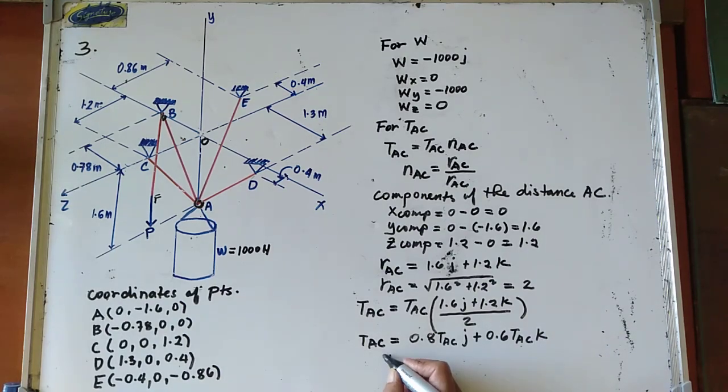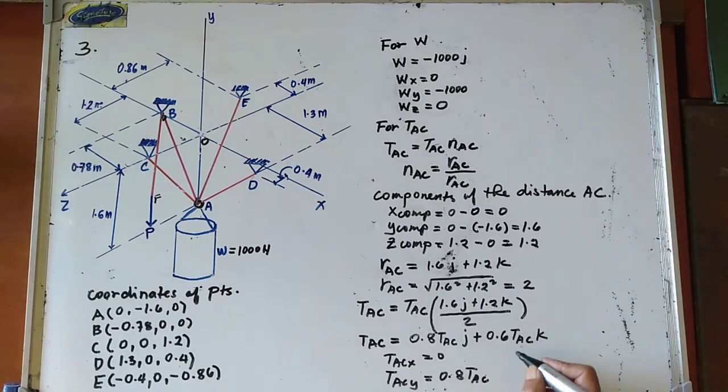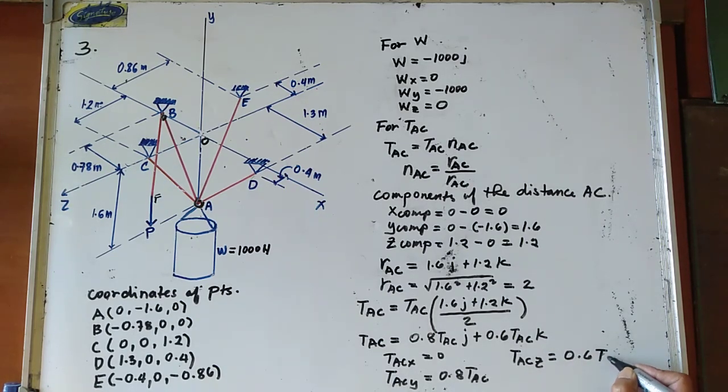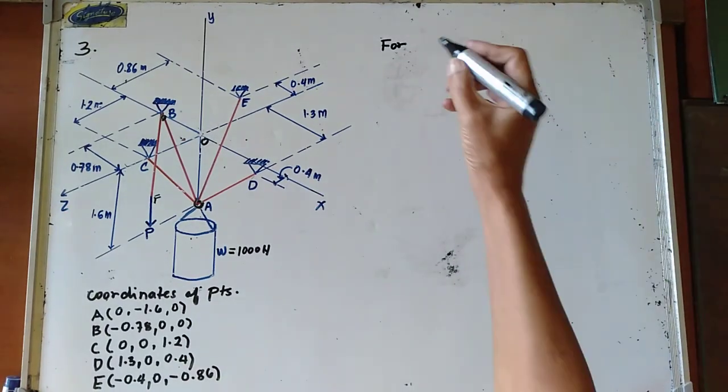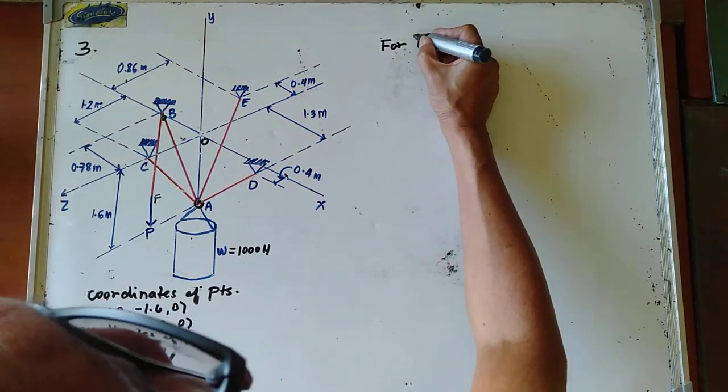So we now have your TACx equal to 0, your TACy equal to 0.8 TAC, and your TACz equal to 0.6 TAC.